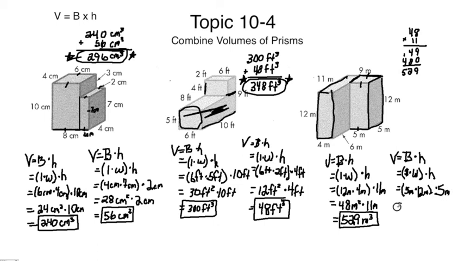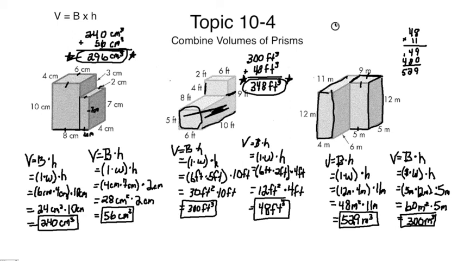All right, now we can chug. 12 times 5 is 60. A meter times a meter is a meter squared. And bring down 5 meters. Now I multiply that. 6 times 5 is 30. Add a 0. That's 300. A meter squared times a meter is a meter cubed. Box that.